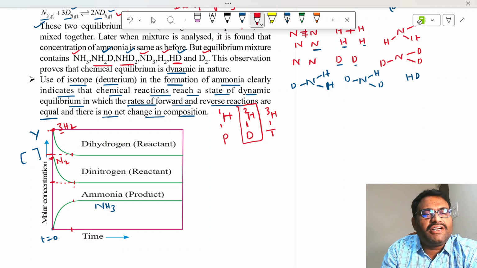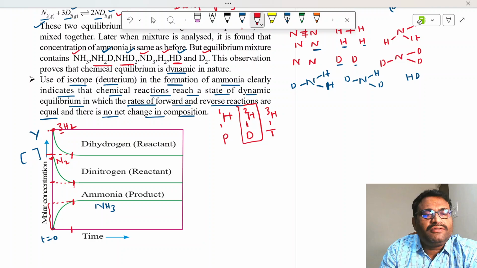Ammonia. Its concentration has increased from 0. So as the time proceeds, hydrogen concentration decreases because it is participating in the reaction. Nitrogen concentration decreases because it is also participating in the reaction. Ammonia concentration increases because nitrogen and hydrogen combine to form ammonia.